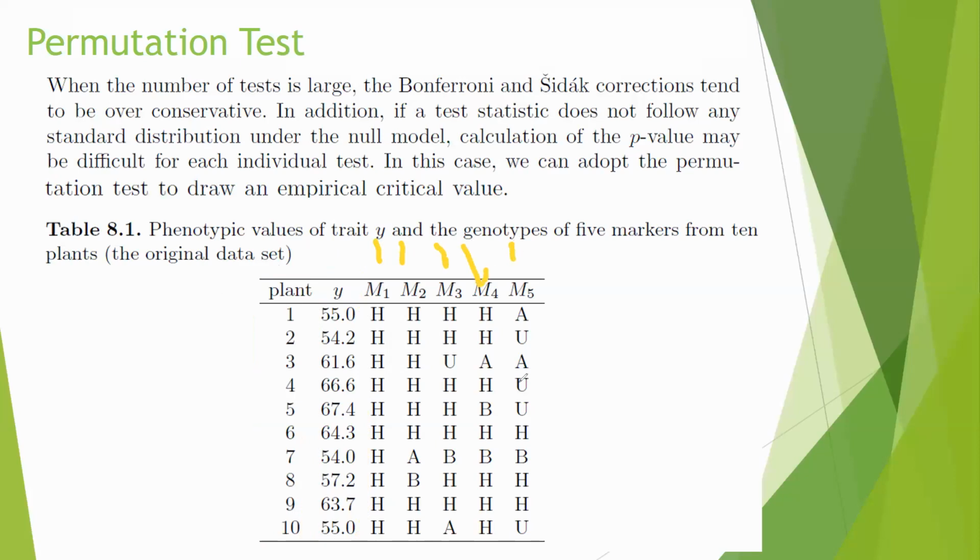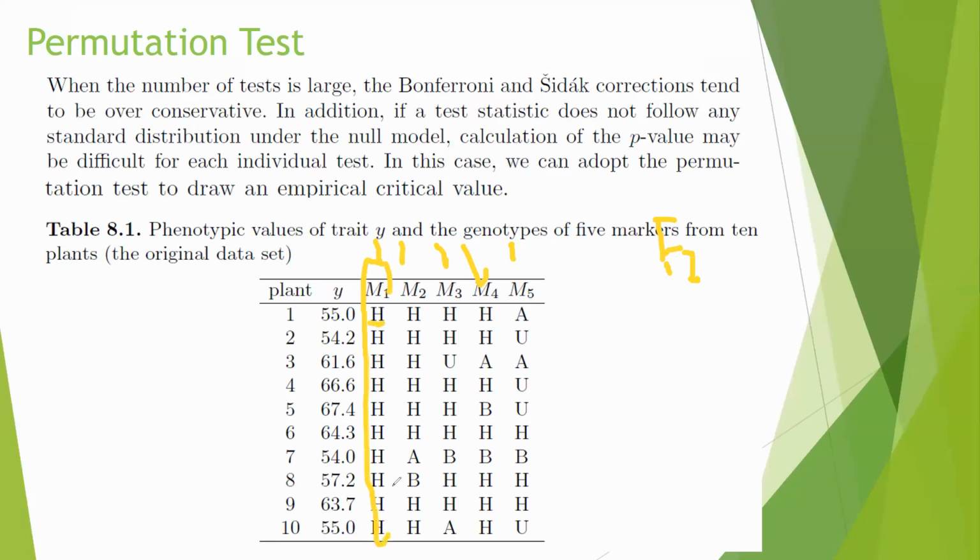We want to test if any of these markers are associated with the trait. Let's say this is an F2 population, so H means heterozygous.